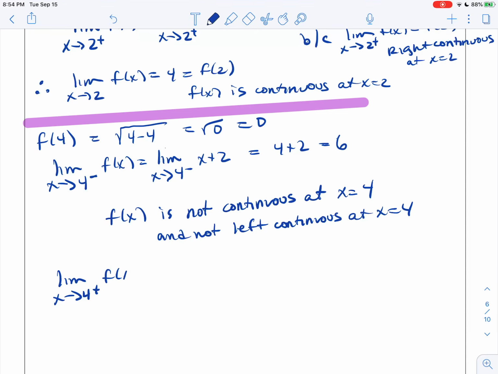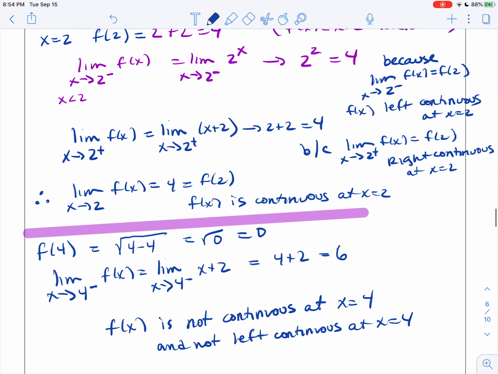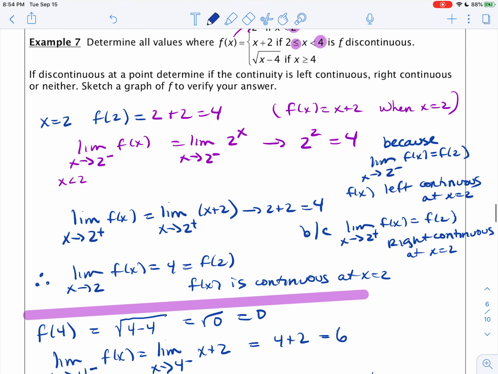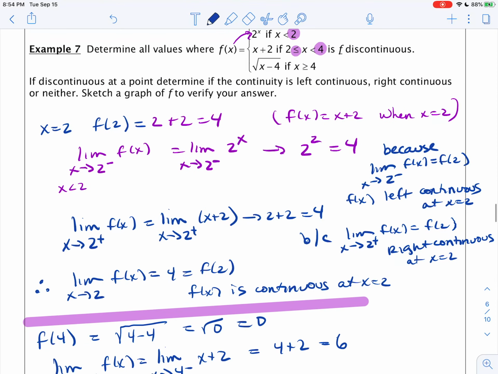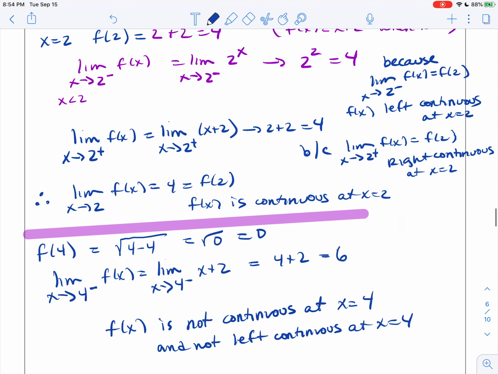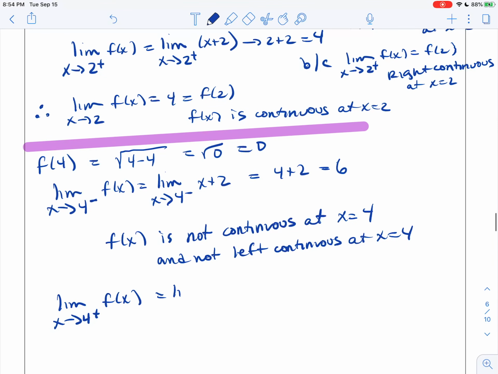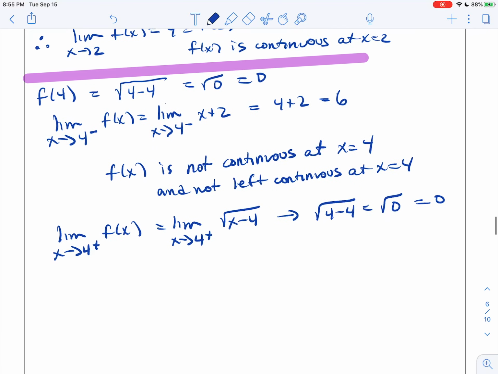Good? So the limit as x approaches 4 from the right of f of x is for values that are bigger than 4, and that function is square root of x minus 4. That's going to be 4 minus 4, which is square root 0, which is 0.